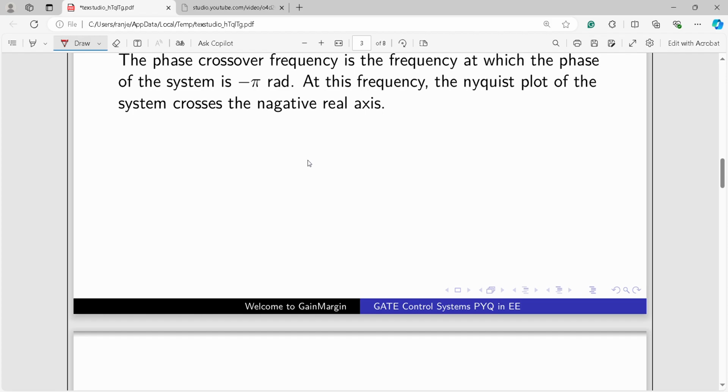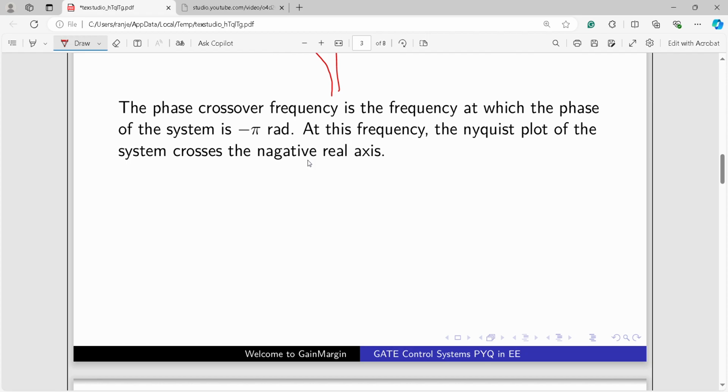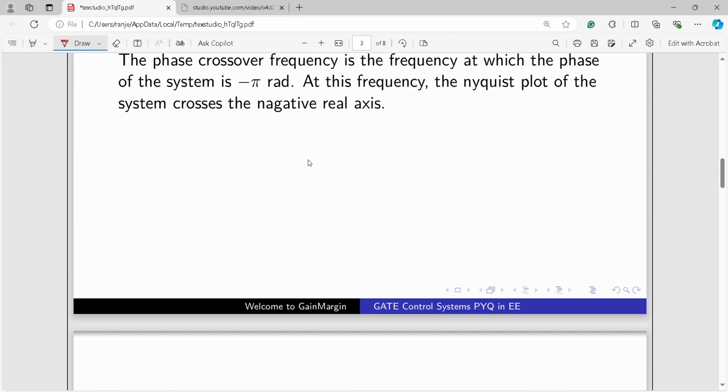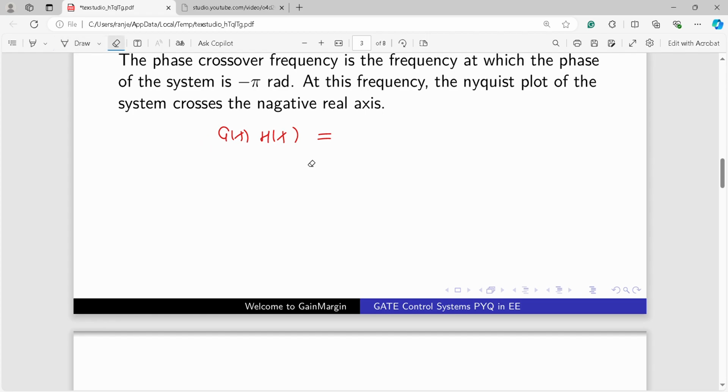Here they gave the question G(s) and we are taking the open loop gain. So the open loop transfer function G(s) into H(s) is our system, and we want this angle. First we have to write G(s) into H(s). What is the value for this?